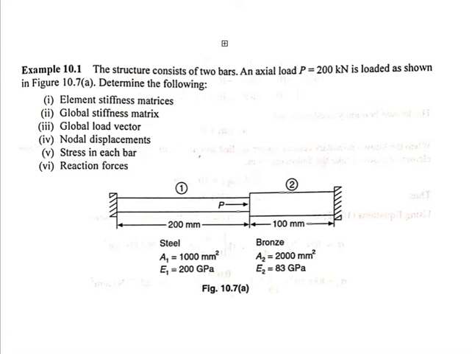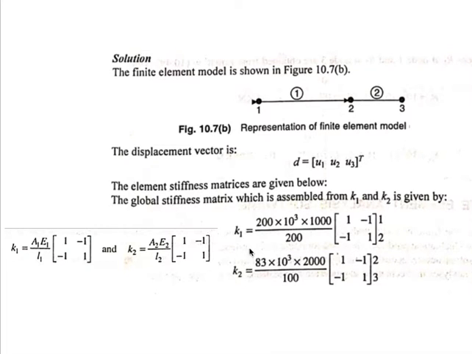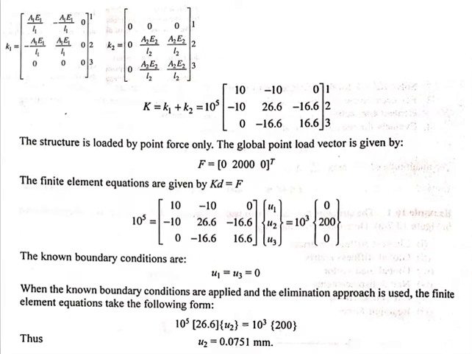If you see K1 and K2, I can write K1 in matrix form as A1 E1 divided by L1 into the matrix with 0 elements.